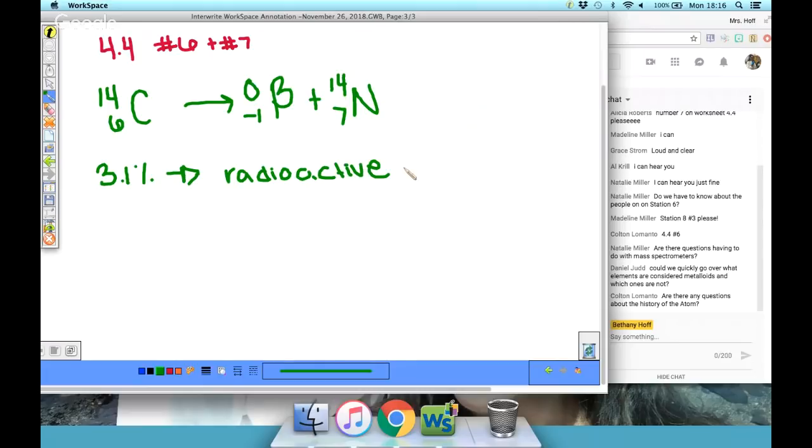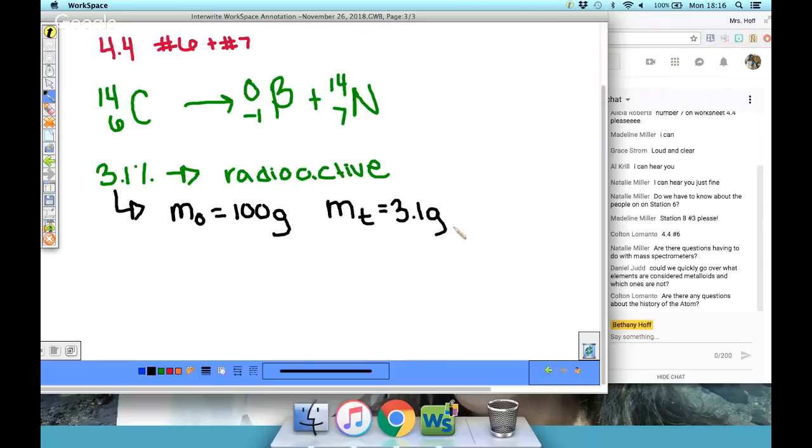So what you want to do, and this is kind of a weird problem, is assume a certain mass. I'm going to say my starting mass, m naught, is 100 grams, which means my mass at time t would be 3.1 grams.